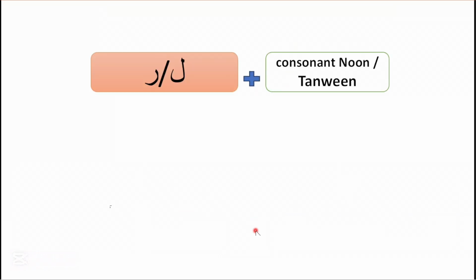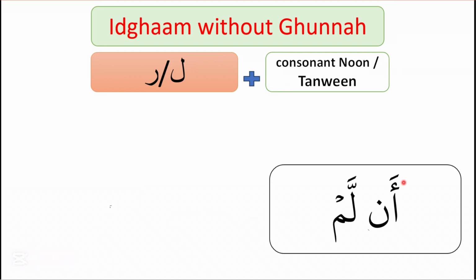We take one more example. Here, two words. The first word has the last letter, the letter noon, consonant, and the following word, the letter lam. So here, delete the noon, pronounce the following letter, and don't forget the shadda.